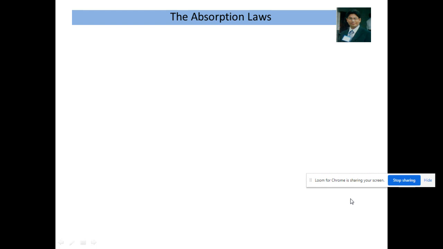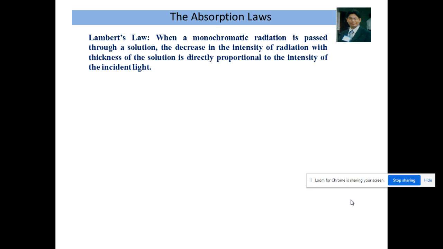Now we should be aware of the absorption laws. There are two absorption laws: Lambert's law and Beer's law. Lambert's law: when a monochromatic radiation is passed through a solution, the decrease in the intensity of radiation with thickness of the solution is directly proportional to the intensity of the incident light. This is the source of light.